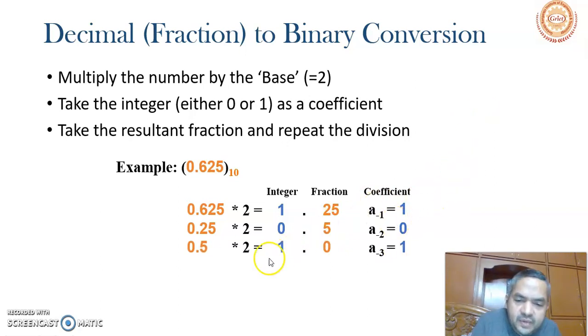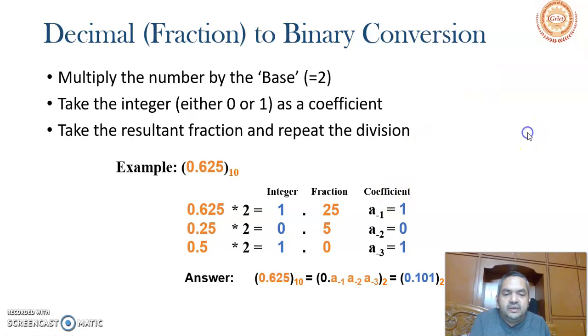Then 0.5 multiplied by 2 gives 1.0. I take the binary digits until the fraction part is 0. Finally 101 will be the equivalent fractional part. So 0.625 of base 10 is equal to 0.101 of base 2, the equivalent binary.